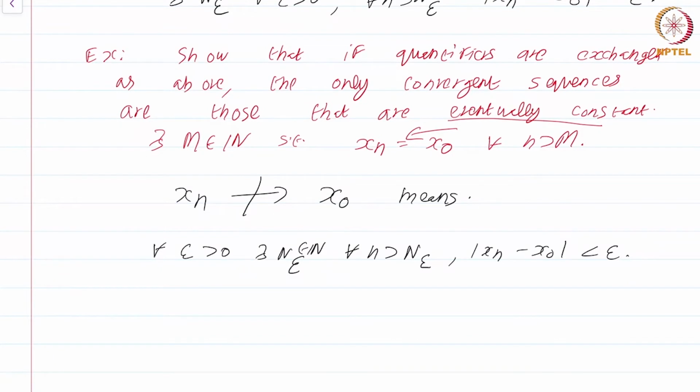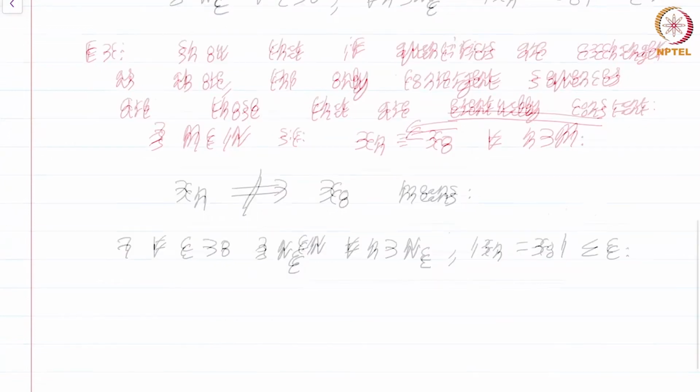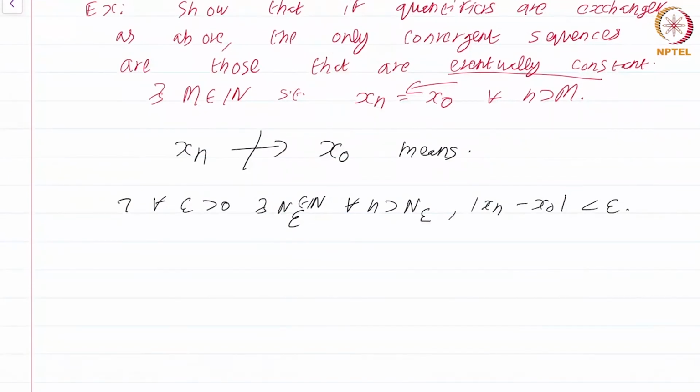Well, we have to negate this. The best way to do it is to keep pushing the negation inside. When you first push the negation inside the for each epsilon greater than 0, what we get is there exists epsilon greater than 0, then the negation of the rest of the statement.